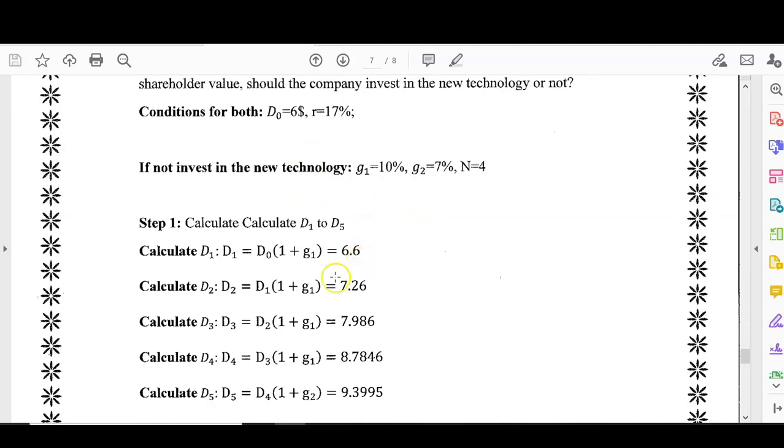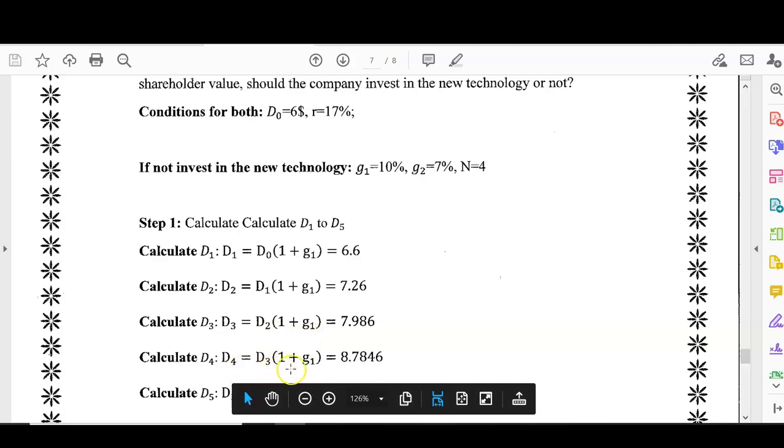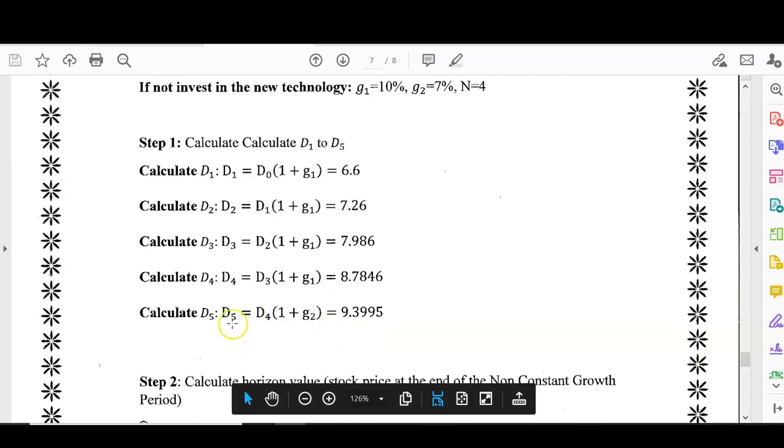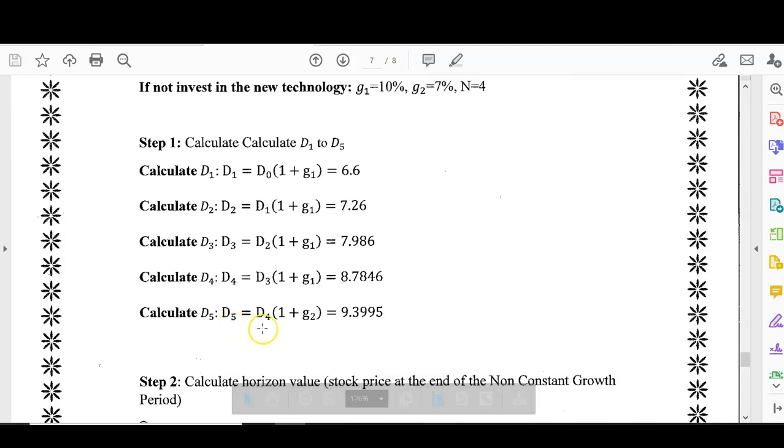We have 6.6. D2 is D1 multiplied by 1 plus G1. D3 is D2 multiplied by 1 plus G1. D4 is D3 multiplied by 1 plus G1. D5 is special because it's in the second stage, and it's D4 multiplied by 1 plus G2, 1 plus 7%.